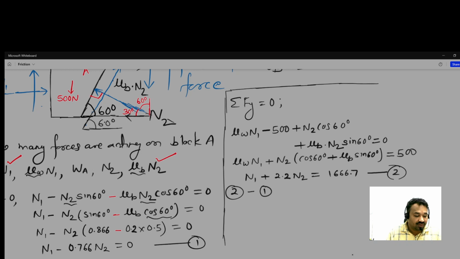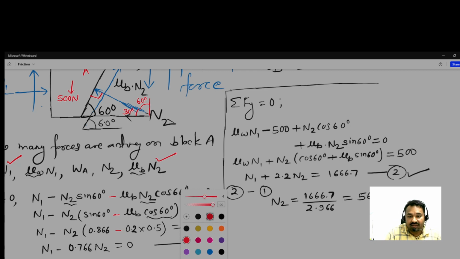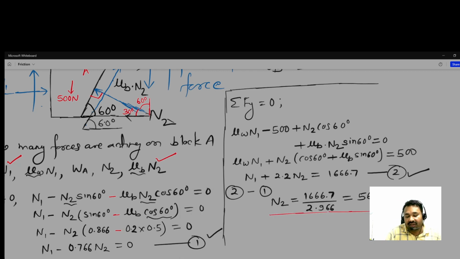This is equation number 1, this is equation number 2, so we get here N2 is equal to 166.7 divided by 2.966, which is equal to 562 Newtons. Okay, this is the answer for N2.